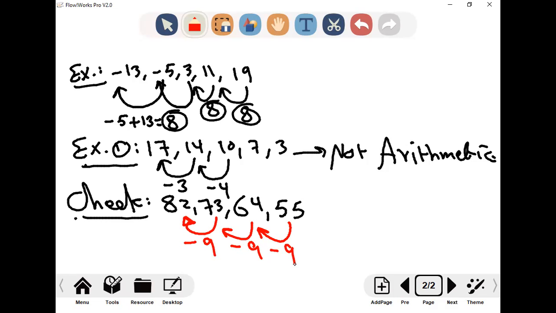So here D is negative 9. Okay, so this is an arithmetic sequence because the common difference is equal, which is negative 9.